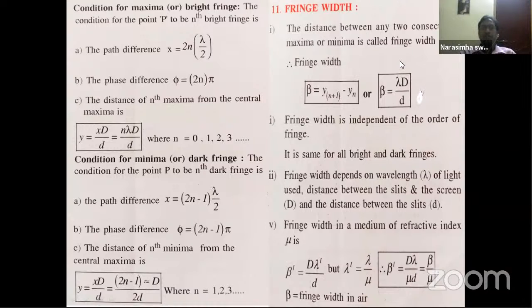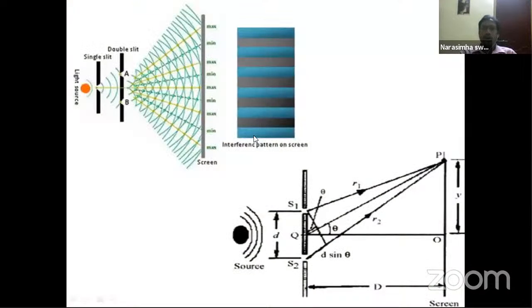Fringe width is nothing but, on the screen, alternate bright and dark fringes appear, as we have seen. So the fringe width means the gap between two maxima or minima. How much gap will be there, meaning at what intervals of space these are forming. So that is what fringe width is.